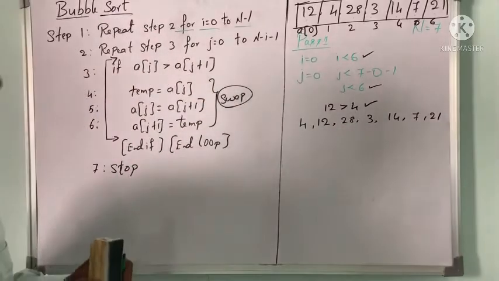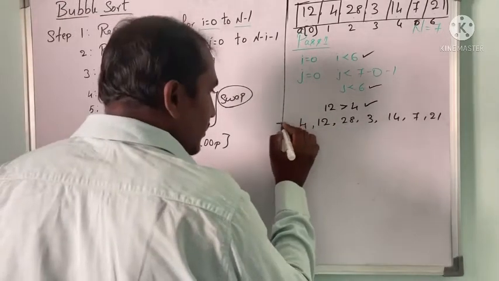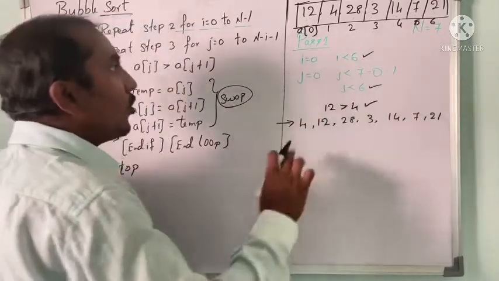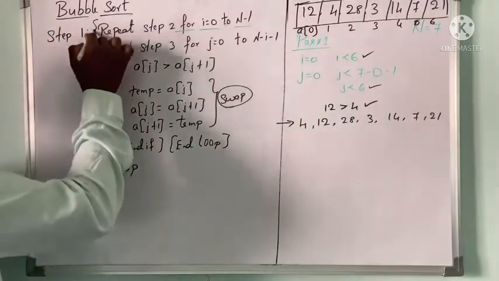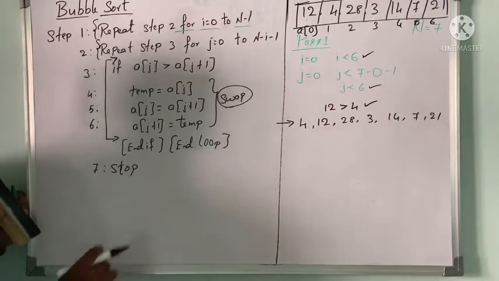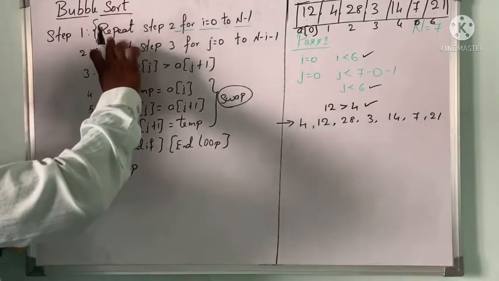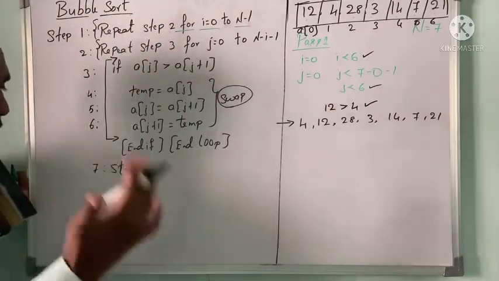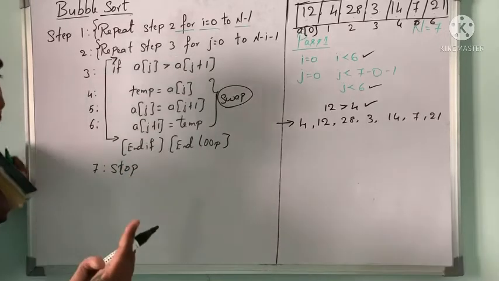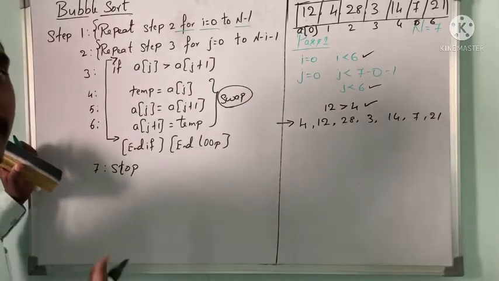Okay, so this is one pass of the j loop, or inner for loop. This is the outer for loop and this is the inner for loop. That is a nested for loop, where we have one for loop within another for loop; any one statement within another statement is considered a nested statement.